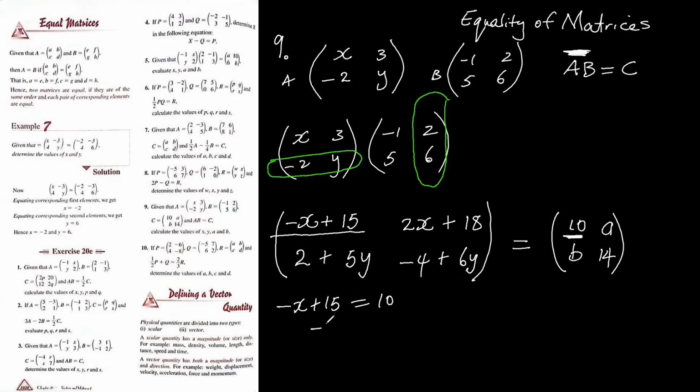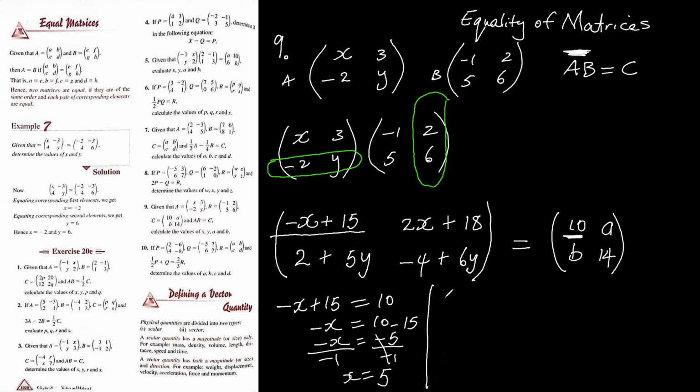So -x is equal to, take the 15 on the other side, it becomes negative. Divide by -1. So x is equal to 5. Anybody lost? So we know what x is.